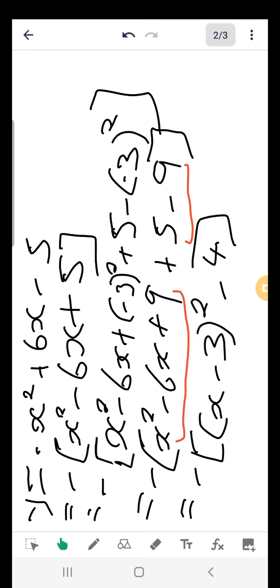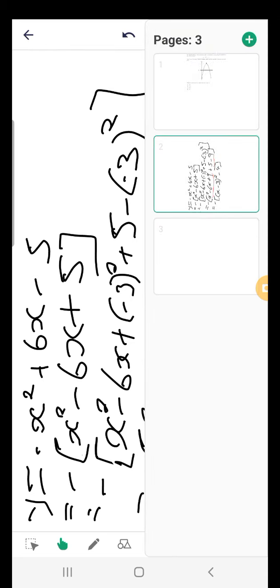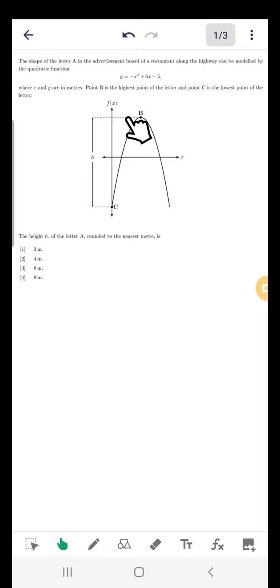Now if you can look properly here, our turning point is here on the positive side, because y and x here are positive. Obviously you're going to get a positive number. Y must be positive and x must be positive, right?